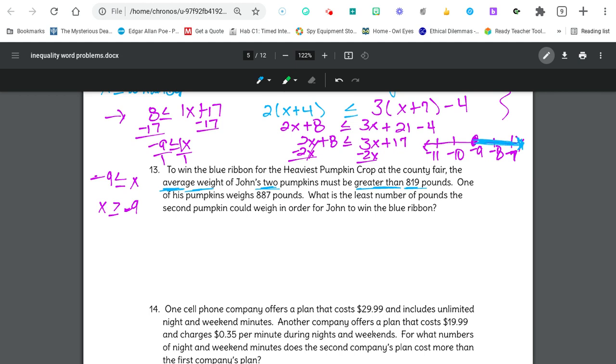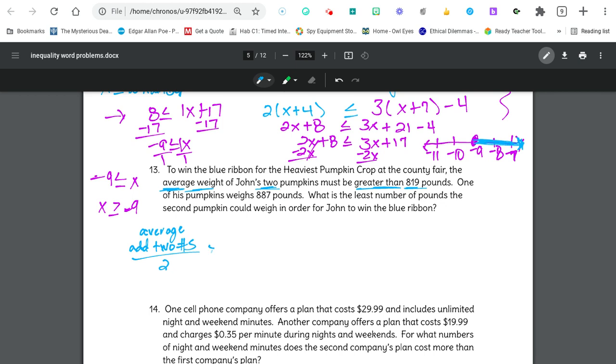To find an average, because it's two things, you're going to add the two numbers, and divide by 2.